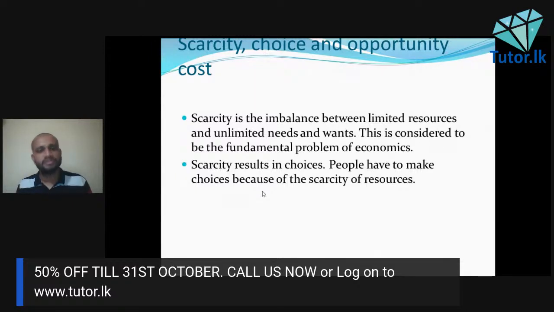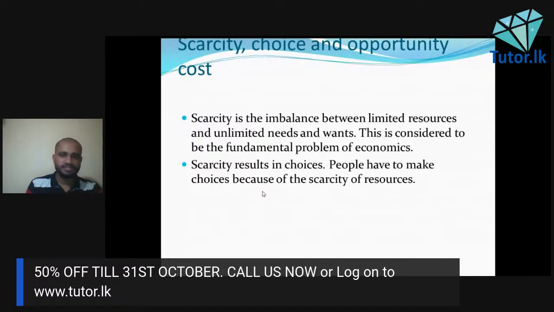People have to make choices because of the scarcity of resources. I gave you the example. You have 50 employees and you have identified four projects. All will require 50. Project A requires 50, B requires 50, C and D also require 50 each. Since the availability of resources is 50 employees, you can't do all four identified projects. So if you want to select one, you need to rank those projects according to your requirement.